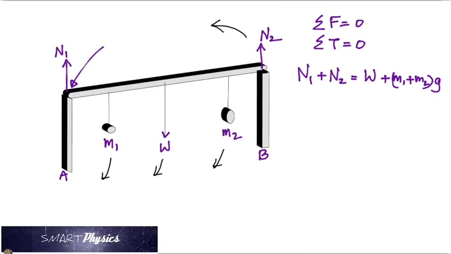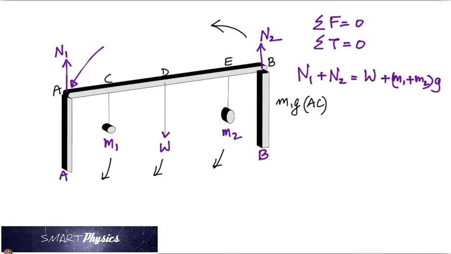So how do you calculate the torque? Torque is what? Force multiplied by the perpendicular distance, isn't it? So M1G, what's the distance? I need to label. C, D, E. Okay. M1G times AC, right?